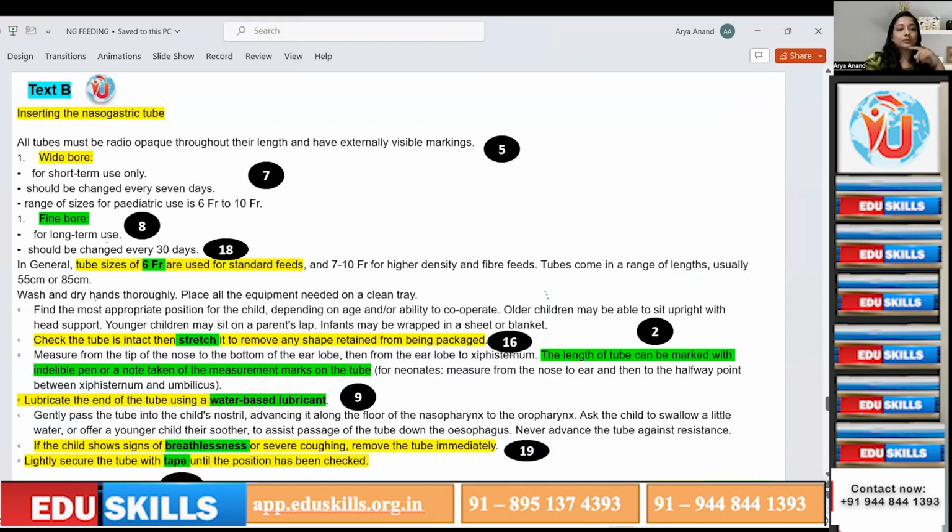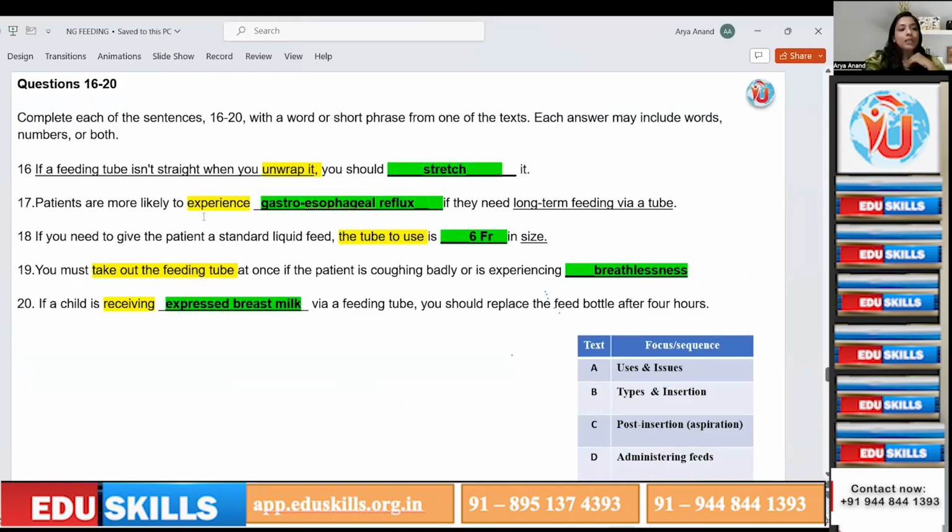Now, next question. Patients are more likely to experience dash if they need long-term feeding via a tube. So, text B. If you insert a nasogastric tube into a patient, what will the patient experience? Will the patient be very comfortable? No, the patient is more likely to experience some problems or issues.